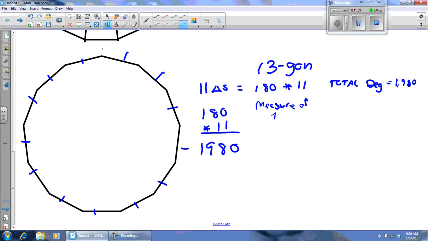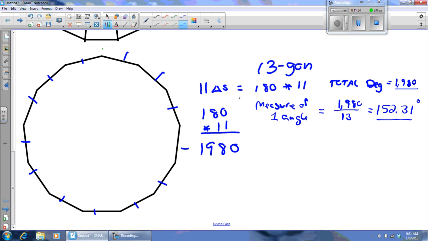Okay. The measure of one angle, if it's a regular polygon, will be 1980 divided by 13, because there's 13 angles. So divided by 13 gets me 152 point, and I'm going to go to the hundredths place, 31 degrees. Okay.